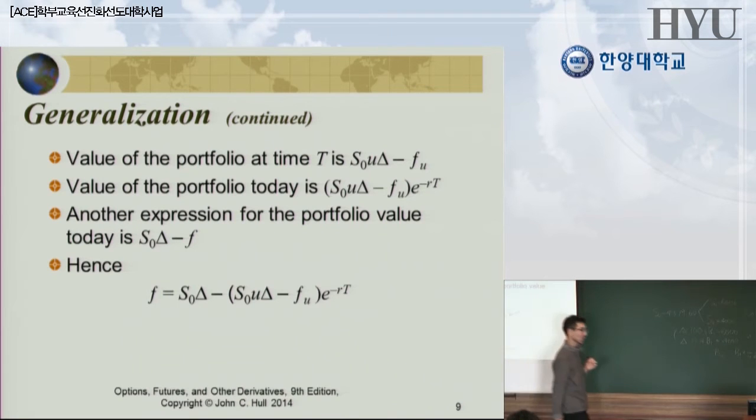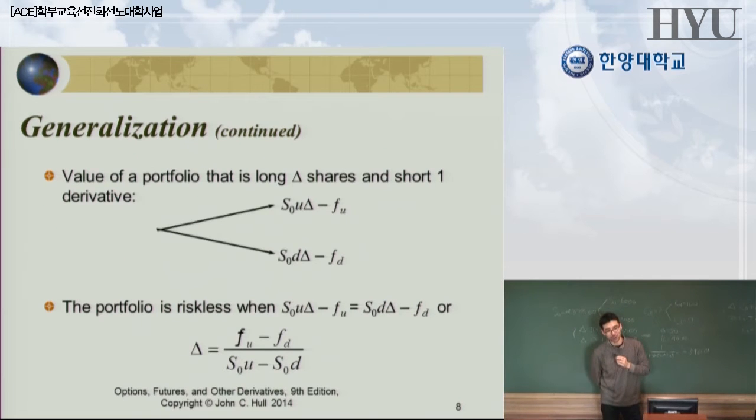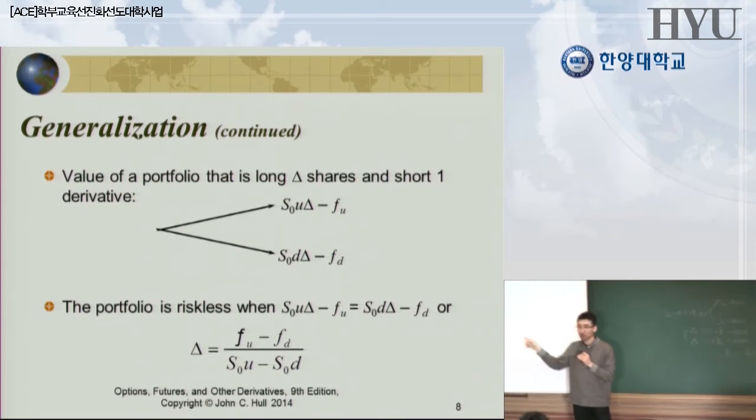Okay. Again, if we go back to delta, the intuition is that the derivative price is a function of the stock price, right? When the stock price changes, the derivative price changes. So in order to replicate a risk-free asset, or therefore in order to get the price of the derivative, what we do is first we match the slope of change of the stock, the slope of change in asset prices, by having a delta position.